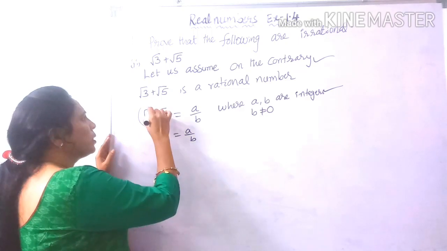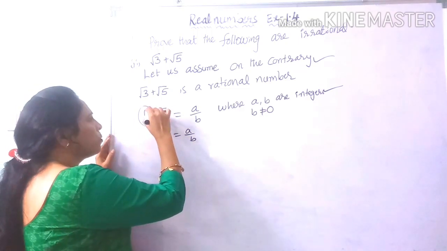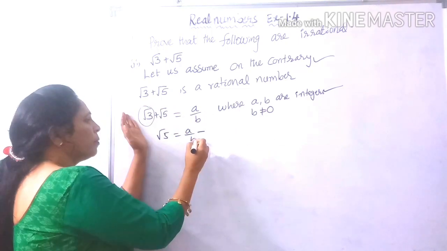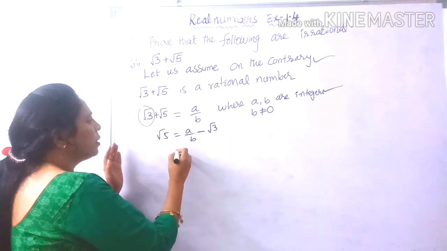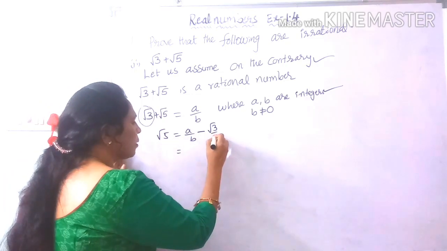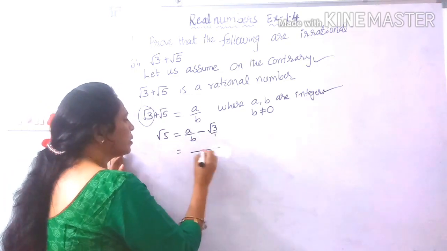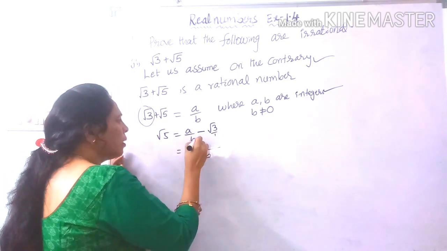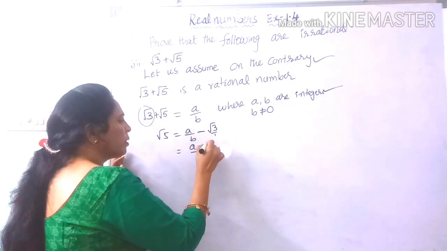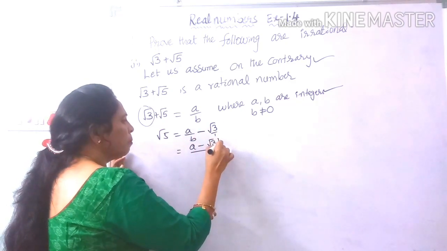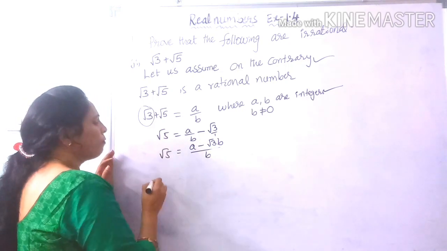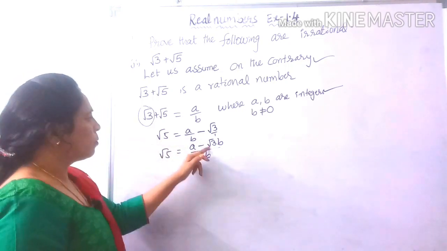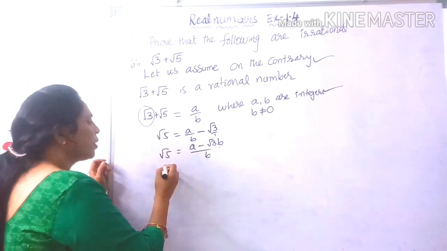I am taking this root 3 to the RHS, so the sign will change, minus root 3. The LCM is b, so cross multiplying, root 5 is equals to a minus root 3 b by b.